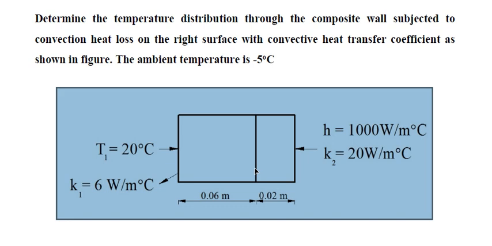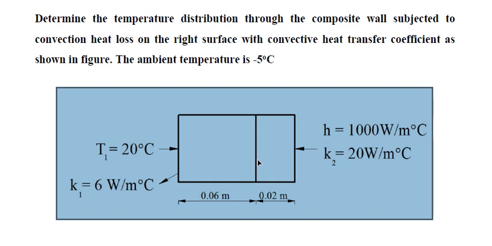Observe the figure. Temperature is in degrees centigrade, conductivity is in watt per meter degree centigrade, and the convective heat transfer coefficient likewise, and everything is in meters. Observe meter here. We shall retain watt, meter and degree centigrade.